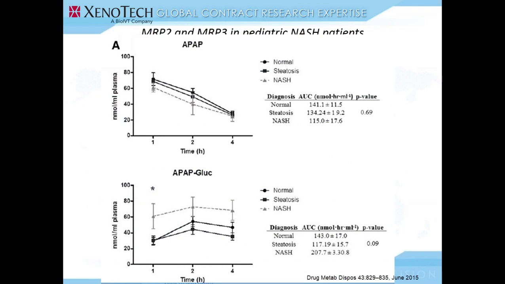On the top panel, we see that concentration of acetaminophen is not different between normal, steatosis and NASH patients, while concentration of APAP glucuronide is higher in NASH patients. In this study, the other APAP metabolite, sulfate, was also examined, but the findings were not remarkable.